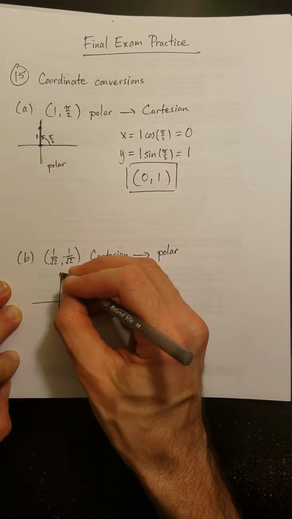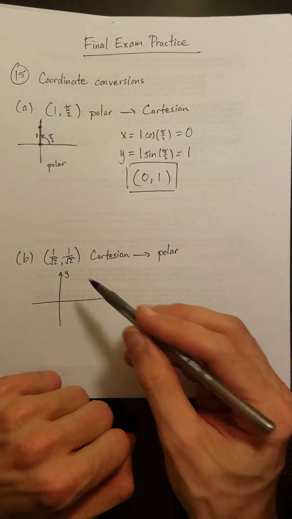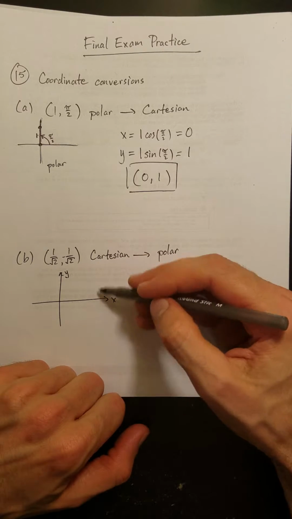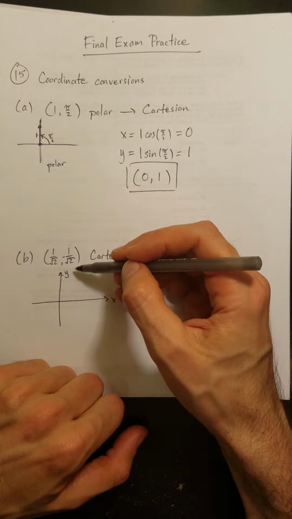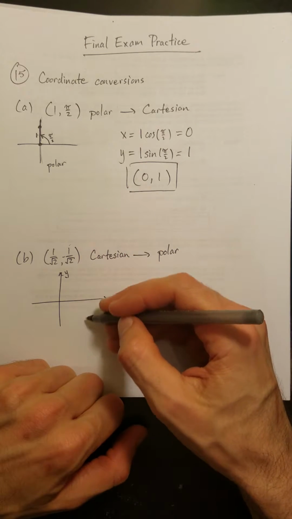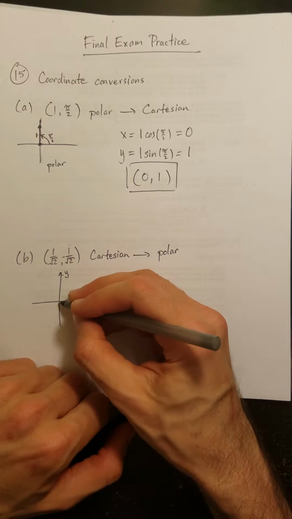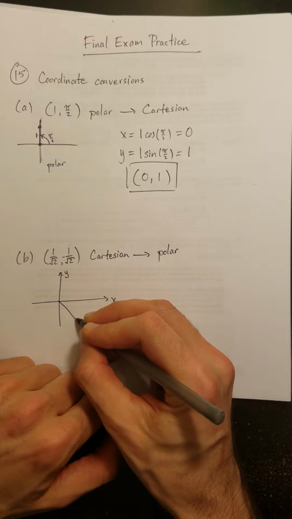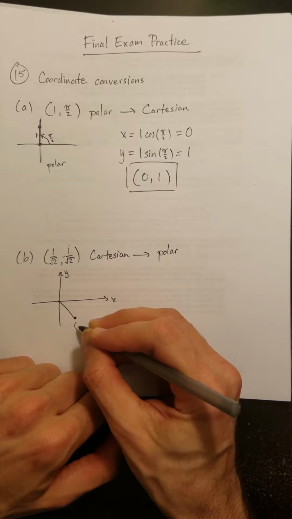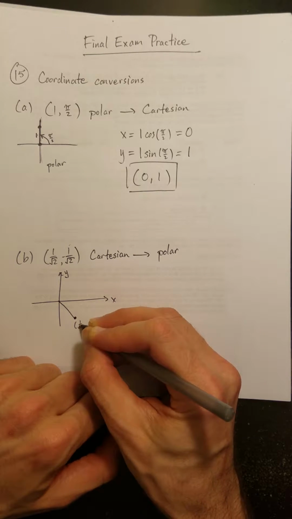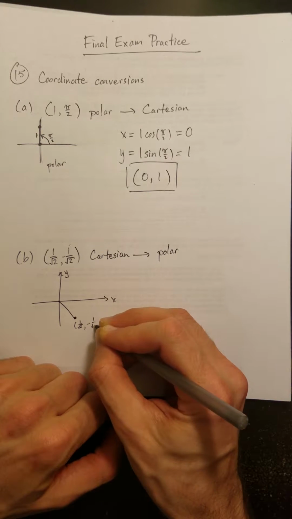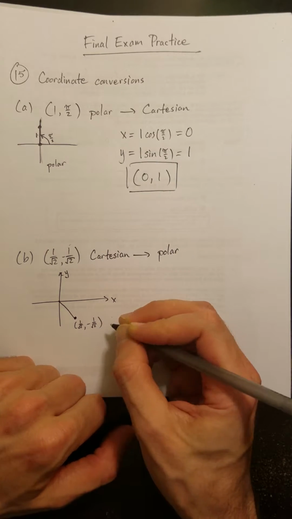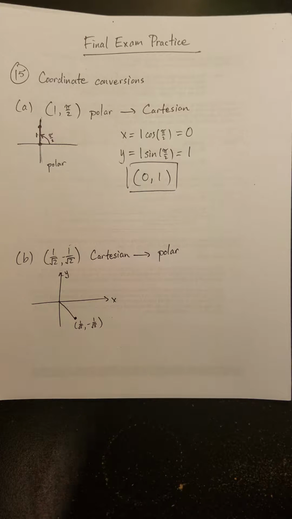So here's our x and our y axis. It has a positive x component, so it's over here either in quadrant 1 or 4, and it has a negative y component, so it's going to be in quadrant 4. So this puts us down here in quadrant 4. This is the point 1 over square root of 2 comma minus 1 over square root of 2.